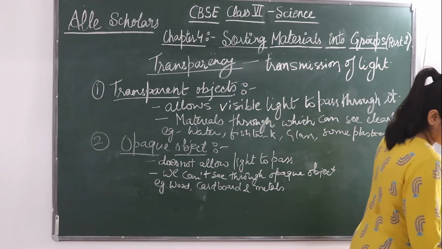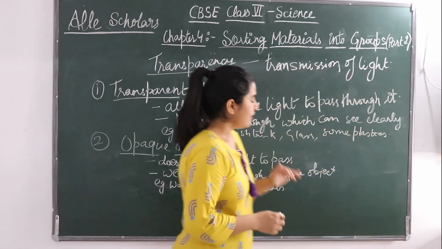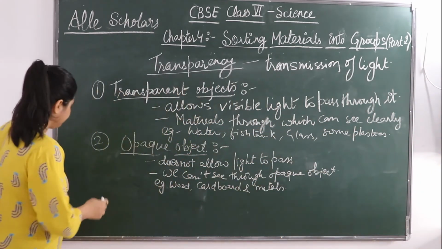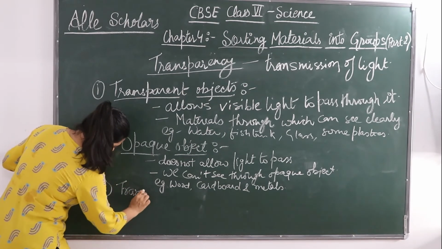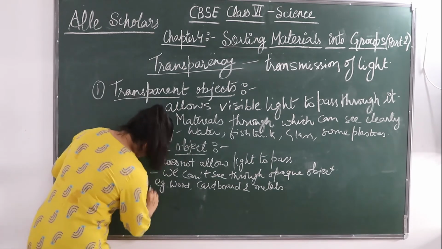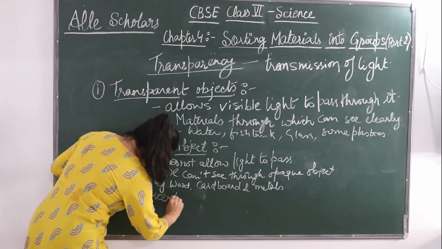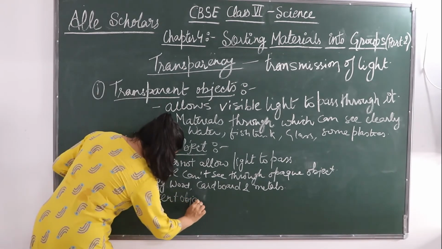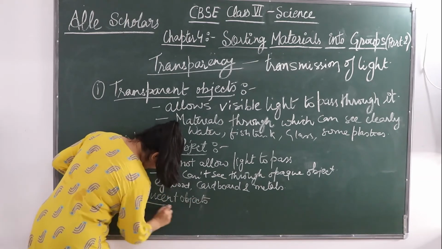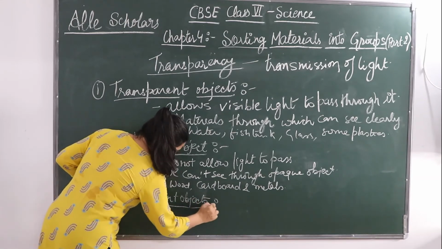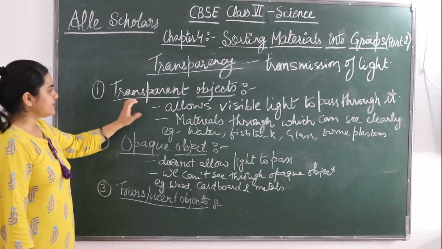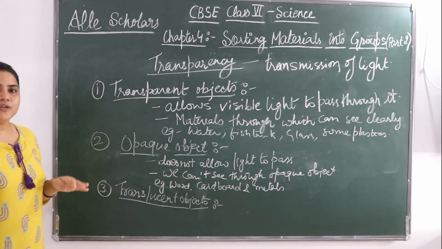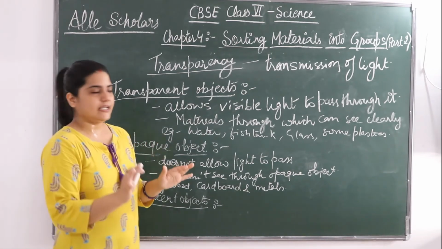Next is a translucent object. We have seen that in a transparent object we are able to see very clearly.